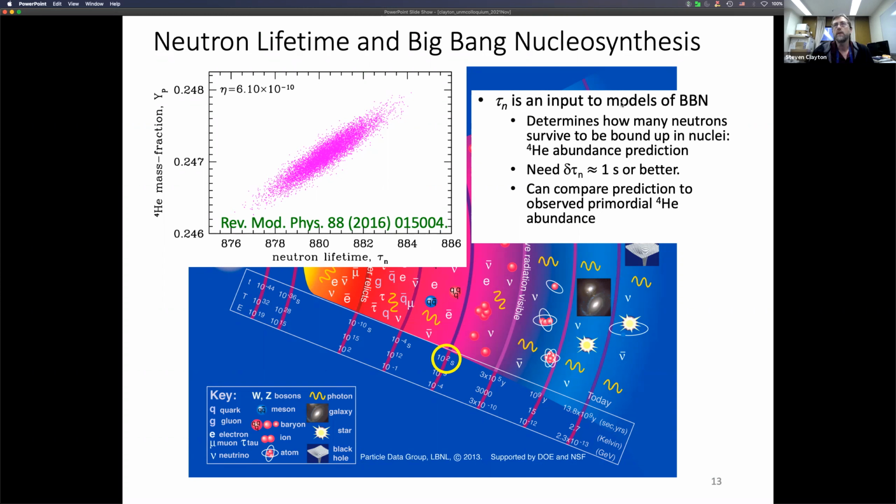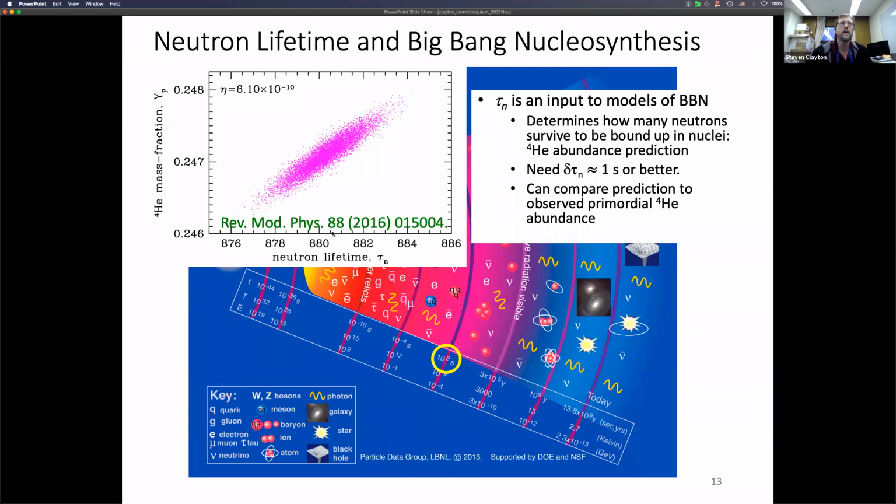As an input to models of Big Bang nucleosynthesis, this determines basically how many survive to be bound up. This is showing the somewhat recent standard model of Big Bang nucleosynthesis, I think they call it, basically just running it forward and showing the impact of the neutron lifetime.